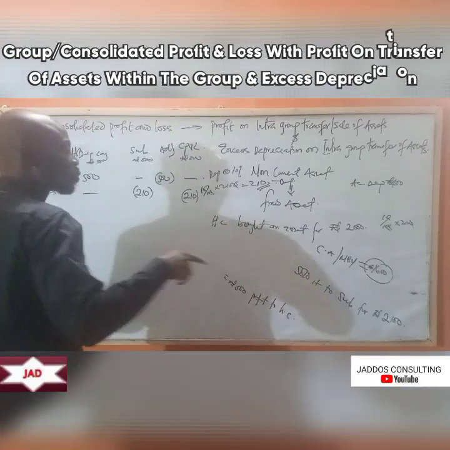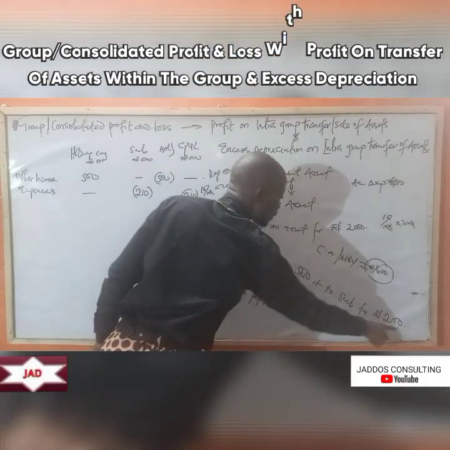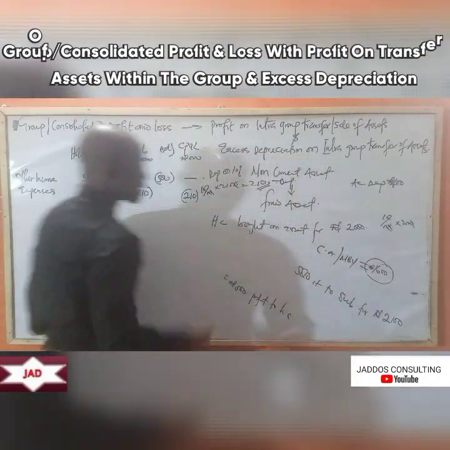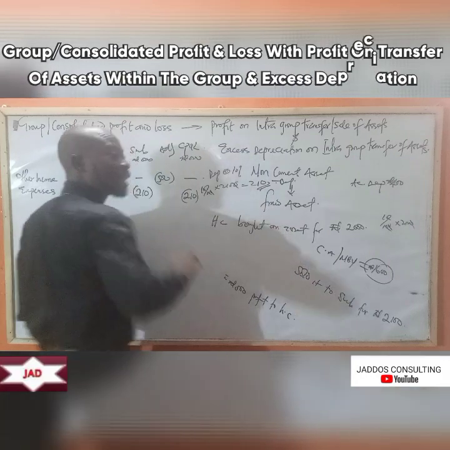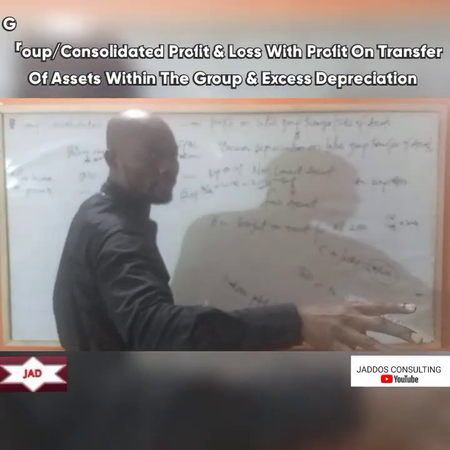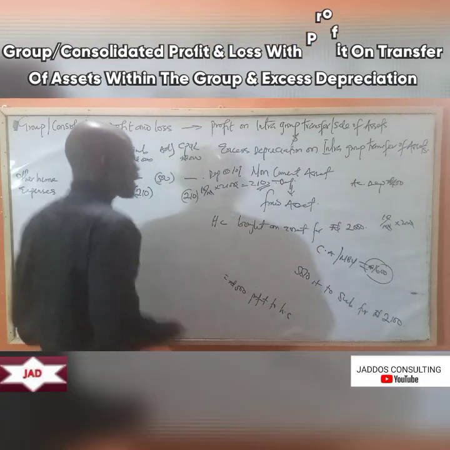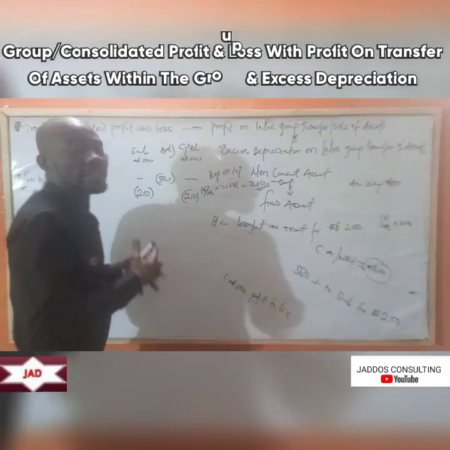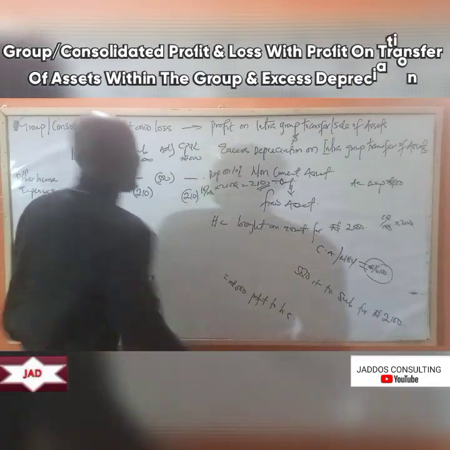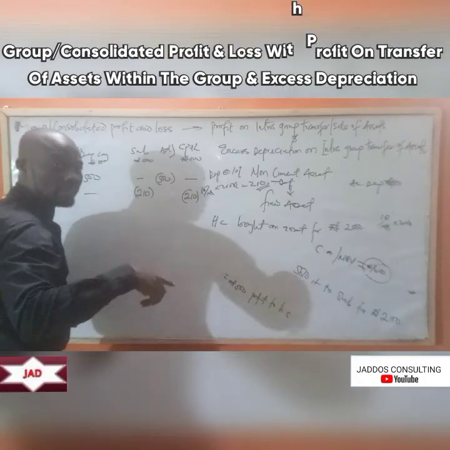But now we are saying that this 210, that is depreciation on it, is from the perspective of the subsidiary at separate entity level. But because we are saying that we can't sell to ourselves at group level, it's as if that transaction cannot stand. So we have already eliminated the income on that transfer of assets.